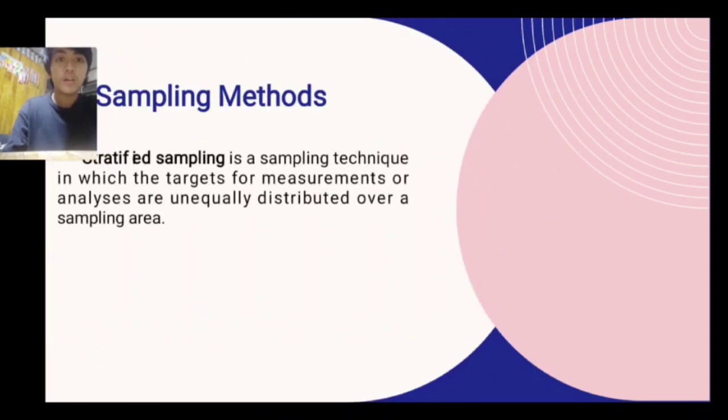Among the sampling methods, stratified sampling is a sampling technique in which the targets of measurements or analysis are equally distributed over a sampling area. Considering again the collection of water samples along the whole stretch of Pasig River with stratified sampling, samples could be taken at varying depths at each sampling site.